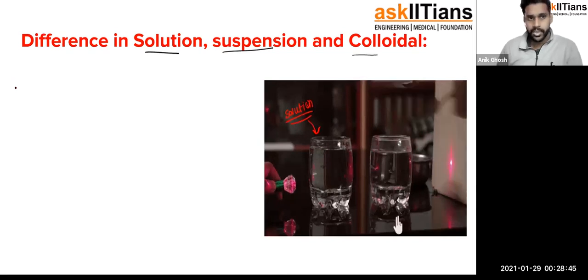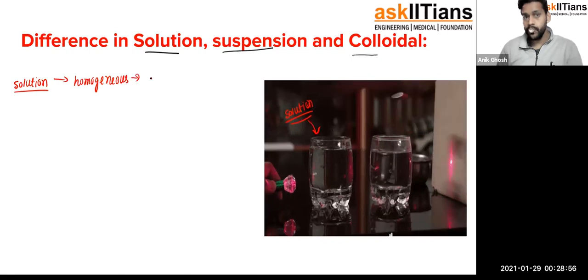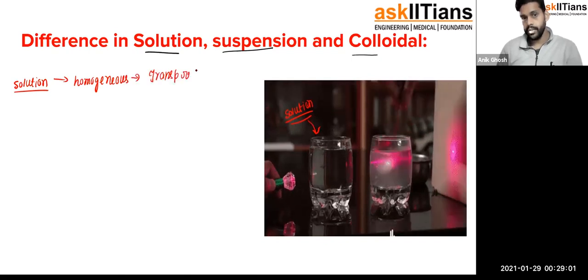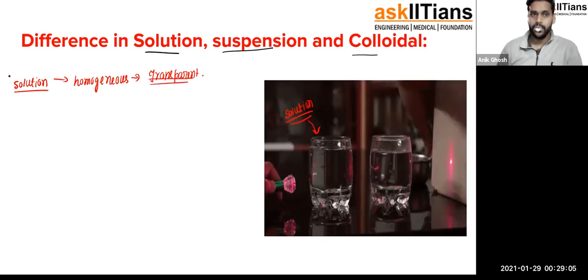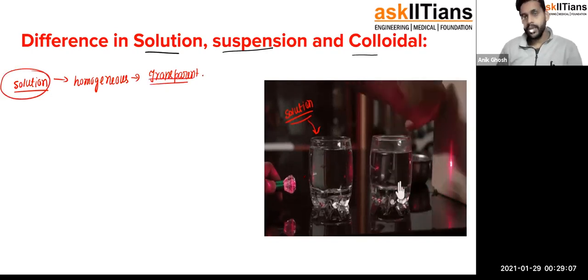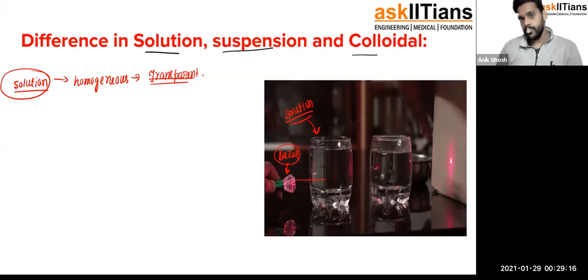Whenever we see the word solution, what comes to mind is that a solution is a homogeneous mixture, so it should be transparent. For true solutions, it should be transparent. You can see that it is transparent, and this is a laser light, and you can see the light goes through it like this.